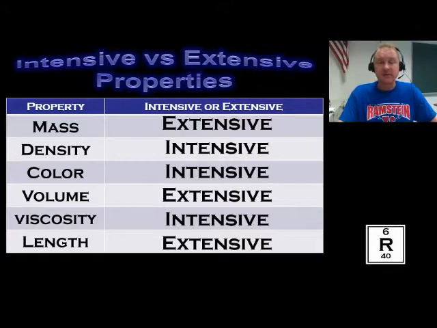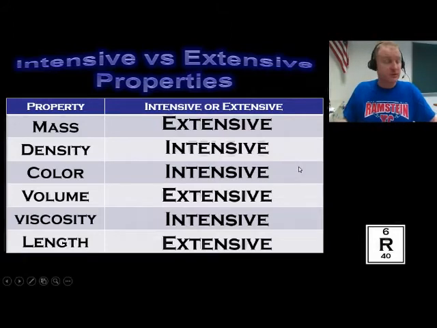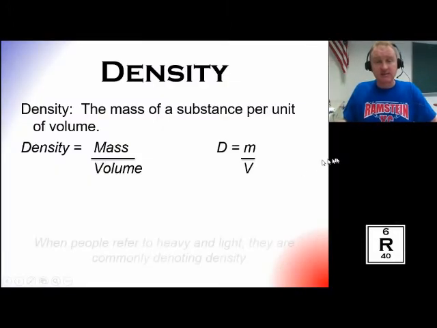It's intensive. Nothing's changing it. Whereas extensive means something externally will change that value. So something externally can change the mass. I can externally divide it, then the mass changes. So you've got to keep these straight. However you want to think of it is up to you, but that's just the trick that I use to think of the difference between extensive and intensive.